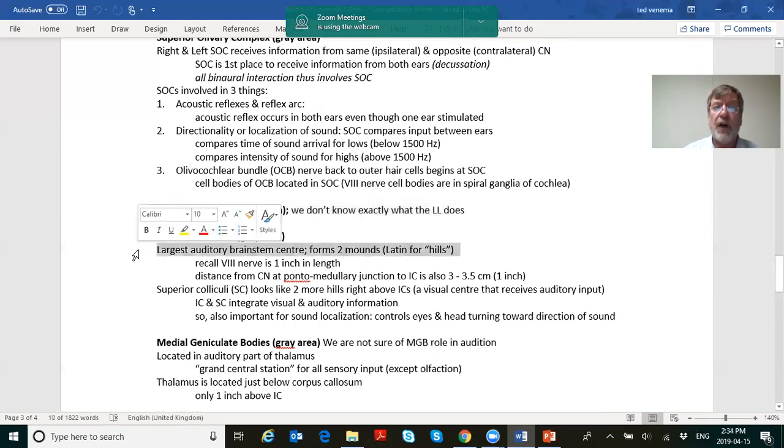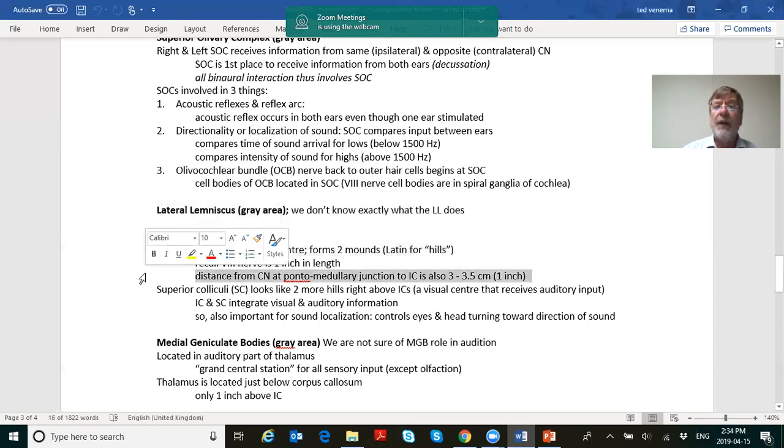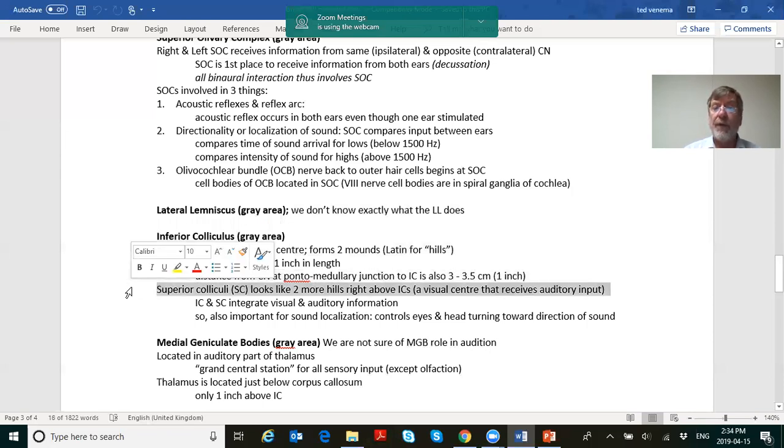It's the largest auditory brain stem center, forms 2 mounds or bumps. The distance from the cochlear nuclei at the pontomedullary junction to the inferior colliculi is about 1 inch. They look more like 2 hills.